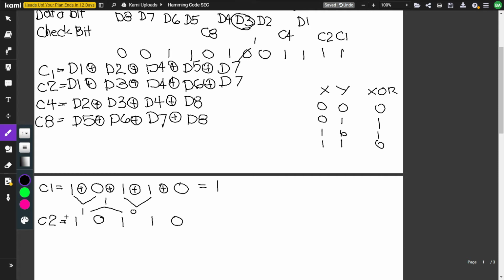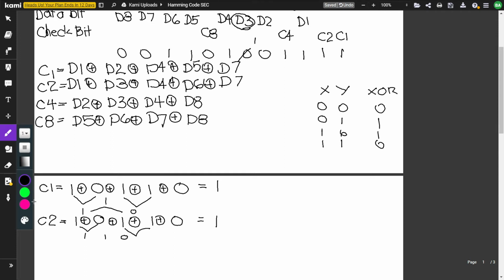Again the operation is XOR, evaluated by pairs. So 1 XOR 0 is 1. 1 XOR 1 is 0. Then 1 XOR 0 is 1. 1 XOR 0 is also equal to 1. So that is the value of C2.